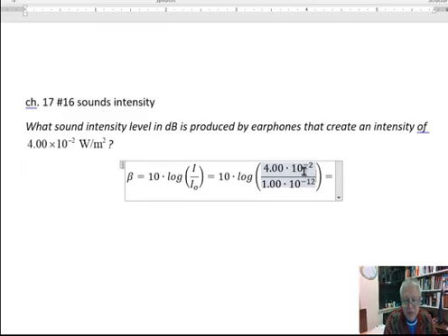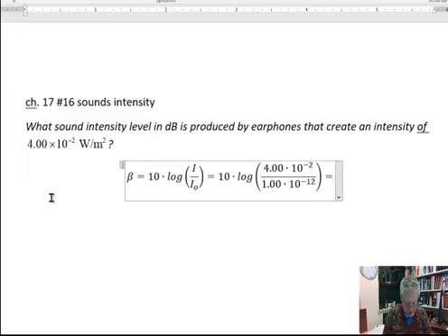The units, by the way, when I plug these in, are watts per square meter for both the numerator and the denominator, which means they all divide out. I take the logarithm of that, which still has no units, multiplied by 10, and then we simply attach the name decibel to it, keeping in mind that the decibel actually is a logarithmic unit.